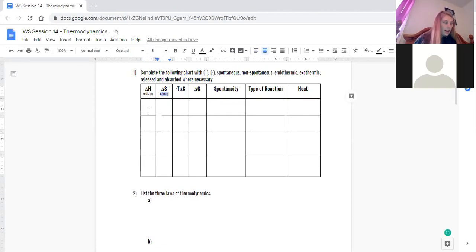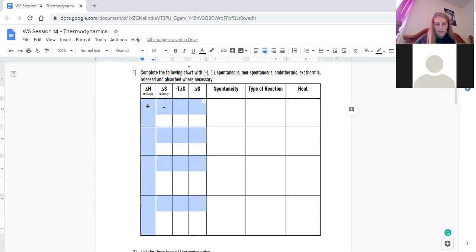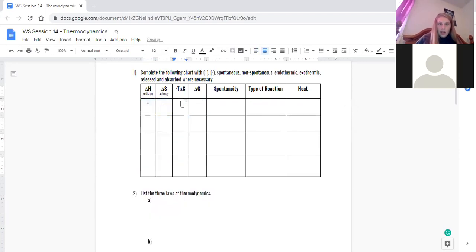Okay. And so say we have positive enthalpy, negative, well, that's not negative, negative entropy, and we have positive of both of these. So with that, do you think that would be spontaneous or not spontaneous?